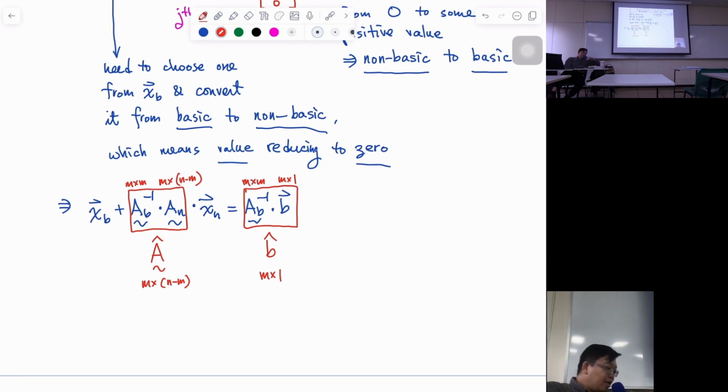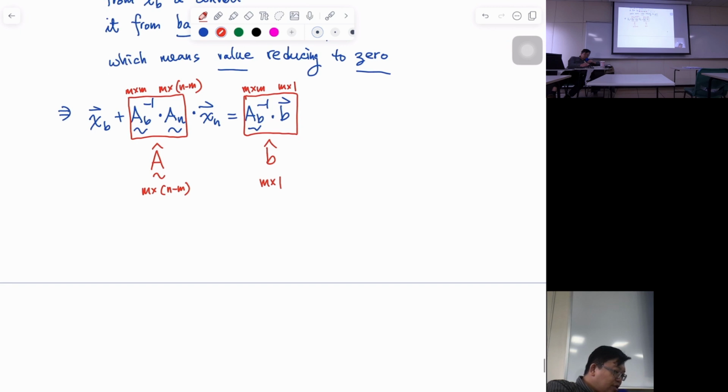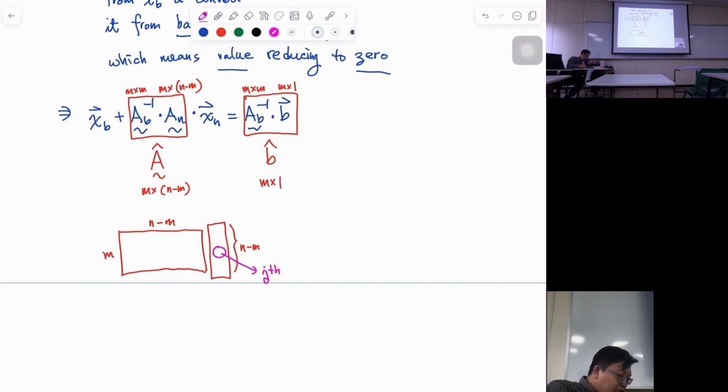Okay? And here, if I make the drawing again, this is A hat, this is n minus m, and here is your xN. xN is in the size of n minus m, right? And we said the jth one is chosen. So only the jth column matters.